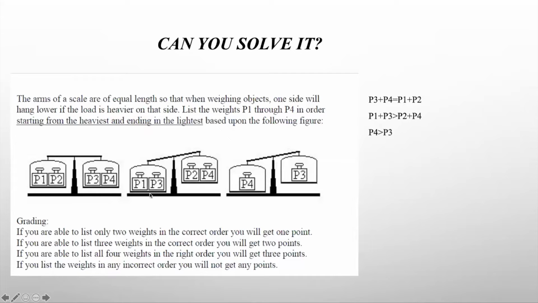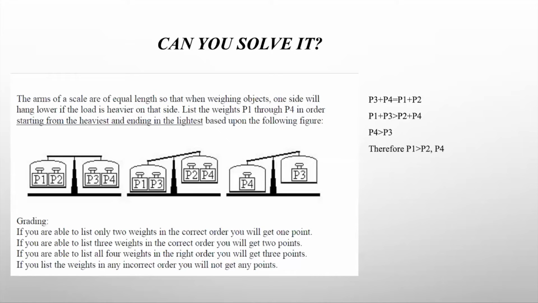We can establish the fact that P1 should be greater than P2 and P4. You figure it out? Because P4 is greater than P3. Now, in figure 2, P3 is now greater than P4 and P2. So what happens? It means that P1 is greater than P2 and P4.